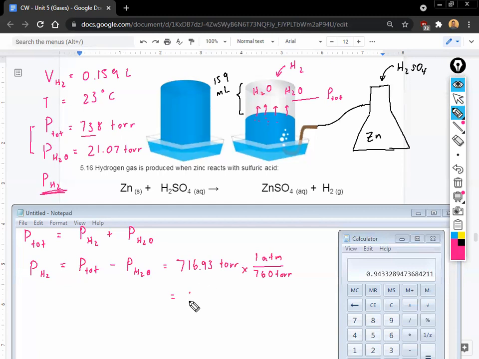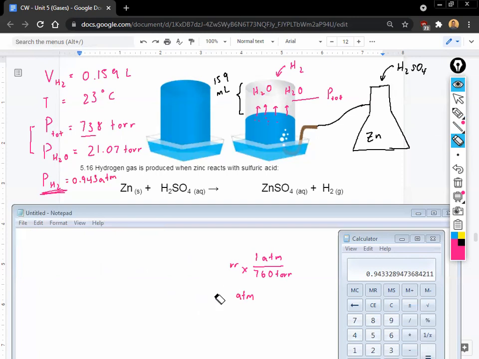Again, if you kept it in torr and you use the R value that applies to torr, that's fine. We're going to get the same answer. But I just personally like using atmospheres just because I like small numbers. I'm a small person, so I like small numbers. So the pressure of H2 is equal to 0.943 atmospheres. So that's how we get the partial pressure of H2.